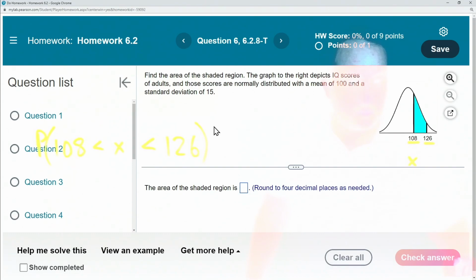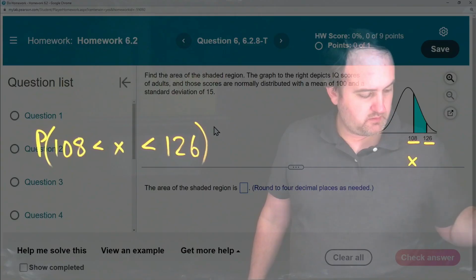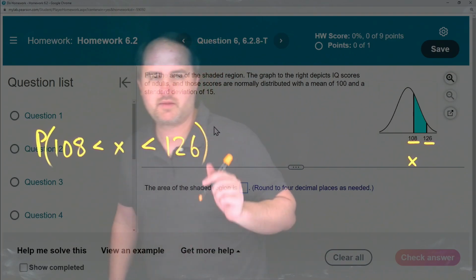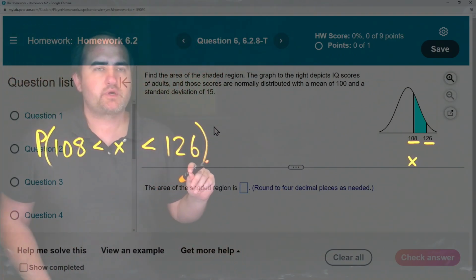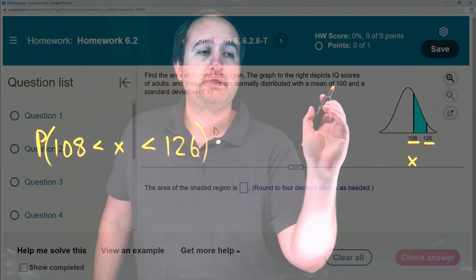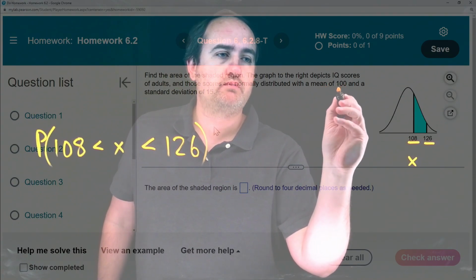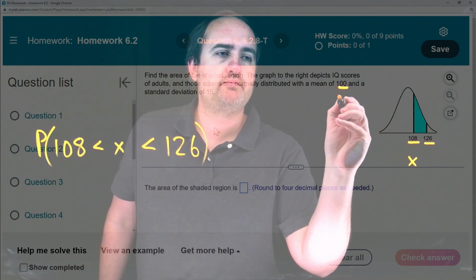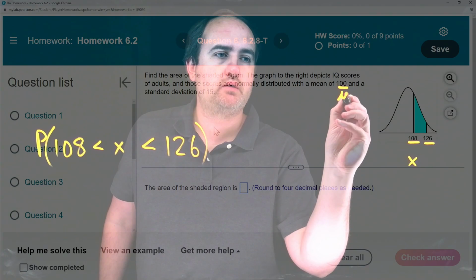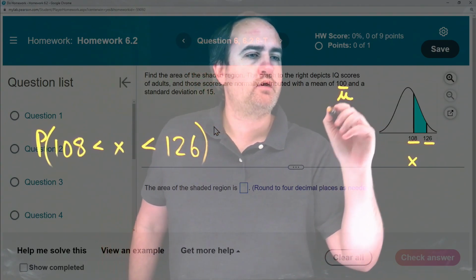There we go. That took way too long. Okay, so the mean is 100, so that's mu. So we know that mu is going to be 100 in this problem.